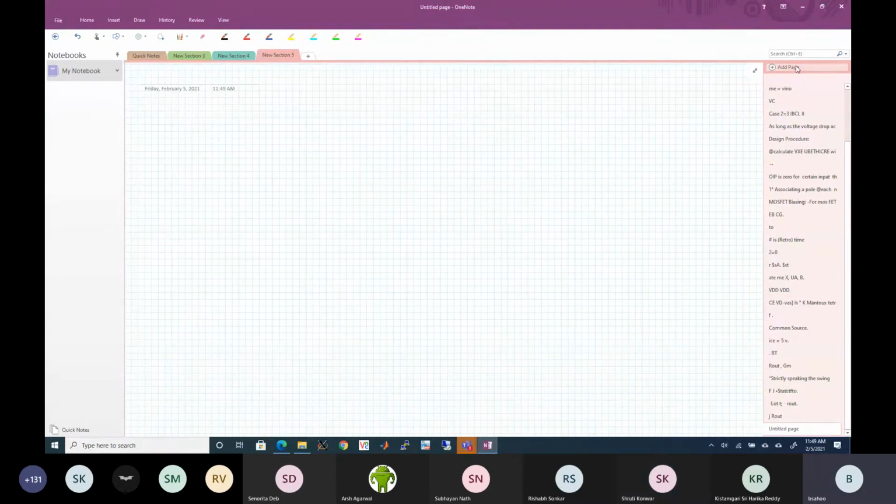Okay, so let me see if I missed anything in case I have blended common source and common emitter. Next thing. Okay, so now I think we saw that there was a gain versus swing trade-off.